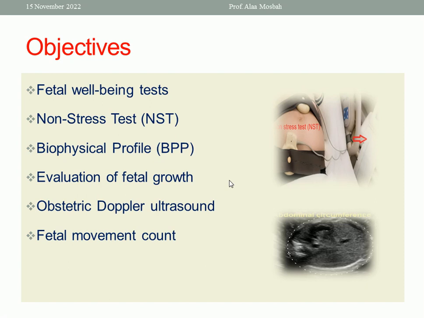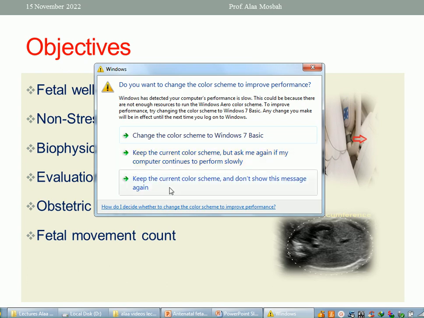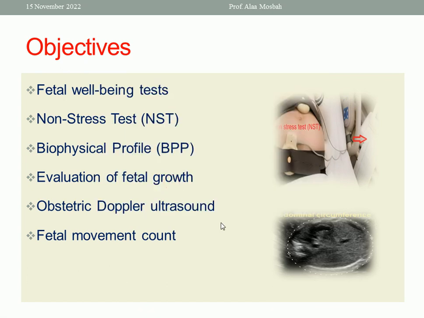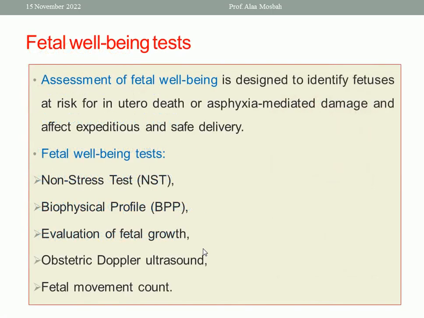But here we are talking about antenatal fetal well-being tests, which include the 5 items: non-stress test, biophysical profile, evaluation of the fetal growth with ultrasound, obstetric Doppler ultrasound, and the fetal movement count.